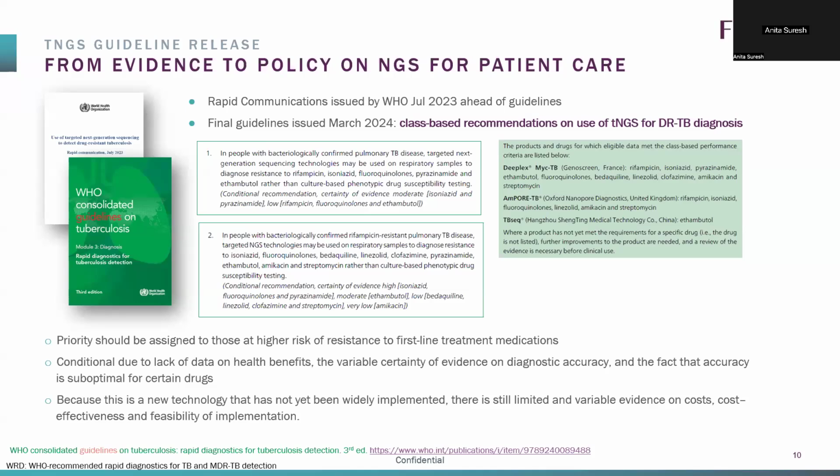And of course, as you saw, there are certain drugs where performance is still suboptimal. Again, these are new drugs, and there's not enough data out there. In some cases there's not enough resistance out there, which is a very good thing.